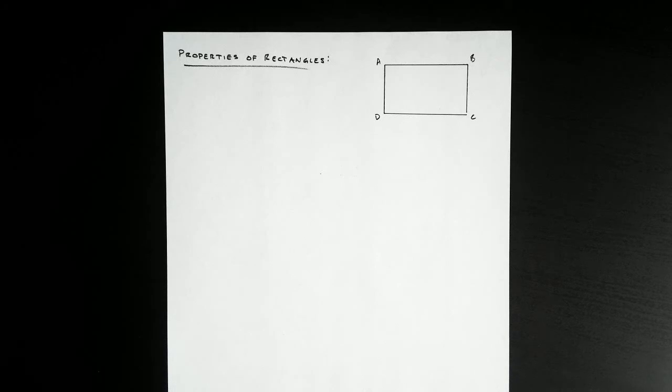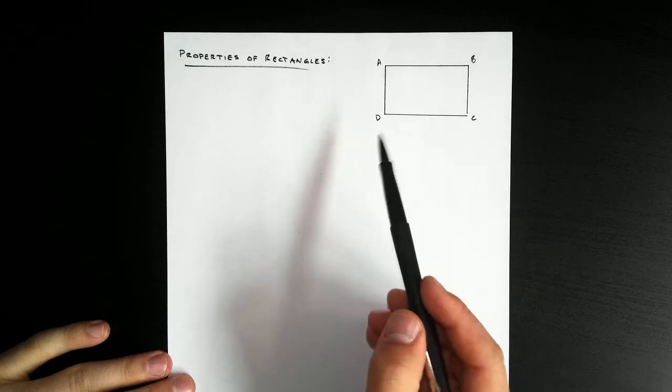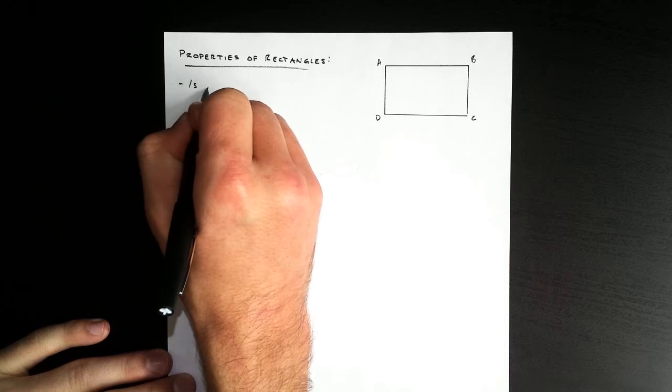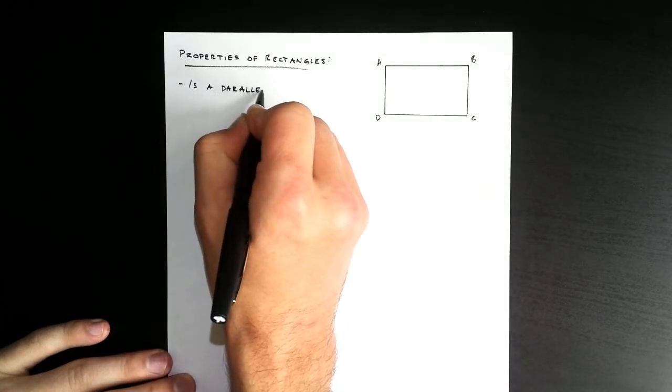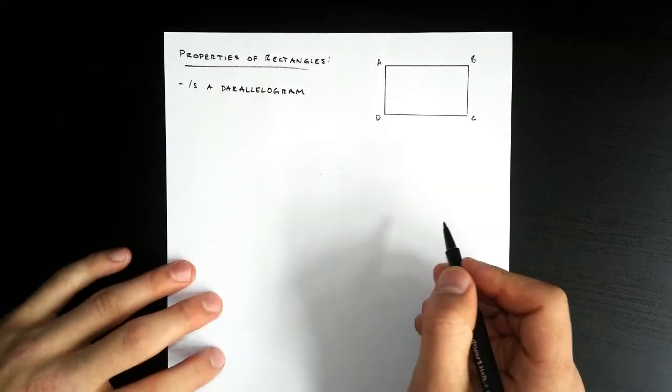Hello everyone. In this video I would like to discuss and summarize the properties of rectangles, and then I want to use one of these properties to do an example. So first thing, rectangles, these are parallelograms. So all of the properties of a parallelogram also apply to rectangles.